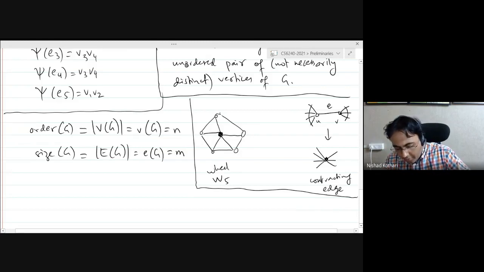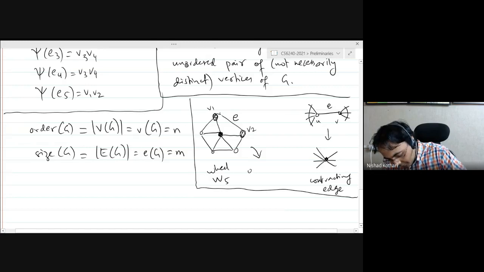But you see, when you contract an edge, let me give you an example here. Supposing I want to contract this edge here. What will happen? I will identify these two vertices, V1 and V2, into a single vertex, and the rest of the graph will remain as it is. So let me first draw the rest of the graph. Do you agree that the rest of the graph looks like this?